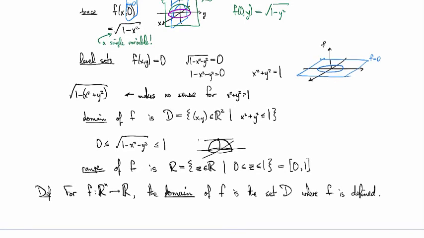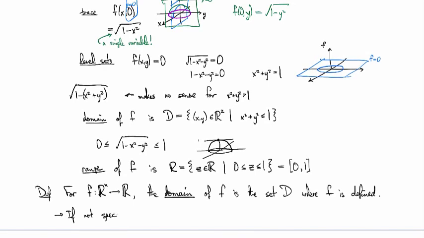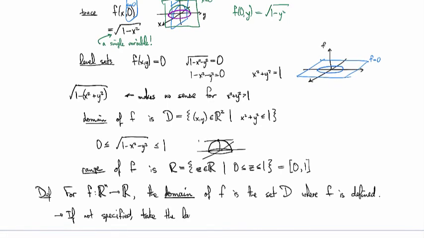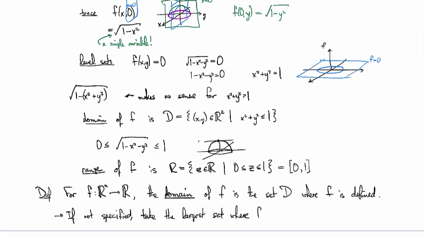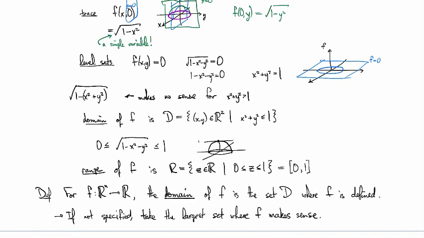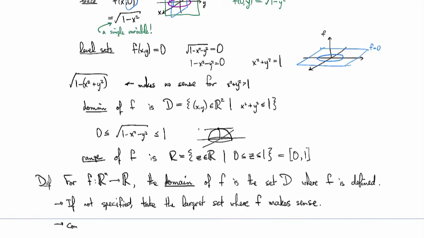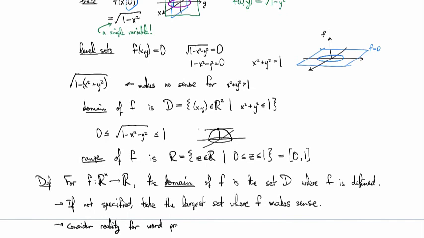So you should, if it's not specified, take the largest set where f makes sense to be the domain. And then you might also want to consider reality for word problems. So sometimes, based on the setup of a problem, you can rule out certain values.